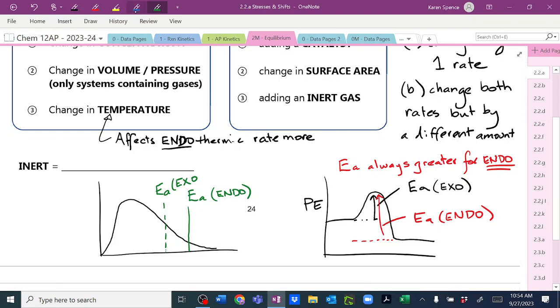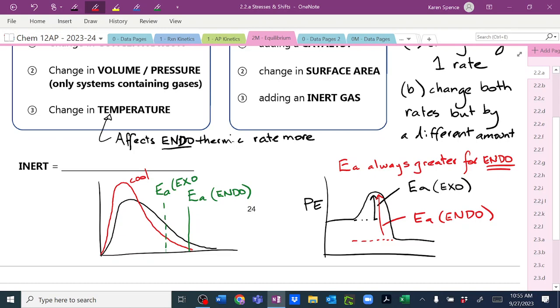Let's make it cooler. Do you see how we've almost completely disappeared on the endothermic reaction in terms of, if I cool it down, there's almost no collisions or molecules that have sufficient energy? Does that make sense? Okay.